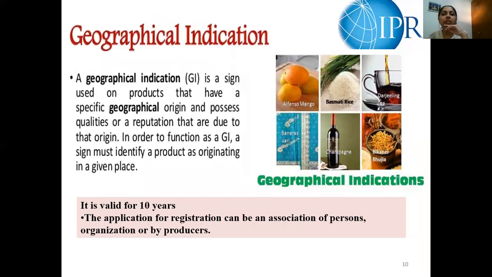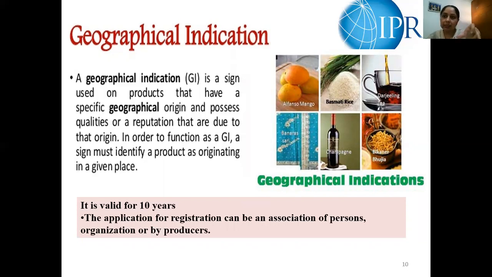Then the third category is geographical indication, a very important IPR. The third category of IPR is geographical indication or GI. It is a sign which is used on products that have a specific geographical origin and possess qualities or a reputation that are due to that origin. Right? For example, the common example that I would like to give here is basmati rice.